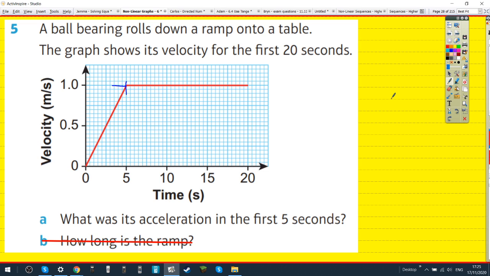Okay. So unit-wise, run. So the points are 0, 0, and 5, 1.0. Yeah.